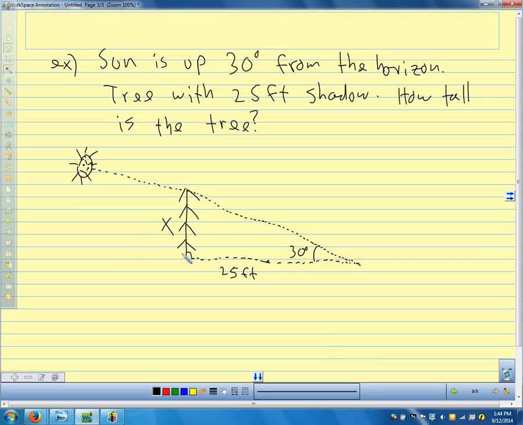So how are we going to solve this problem? Here's our angle. What sides of our triangle do we have?